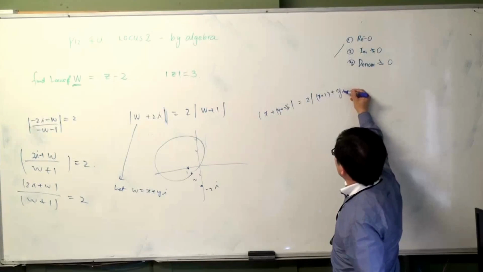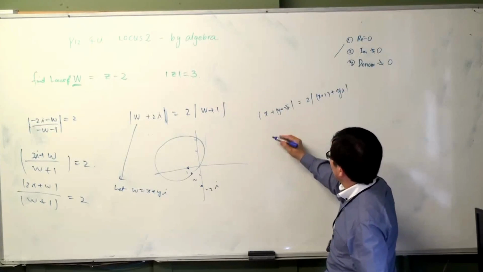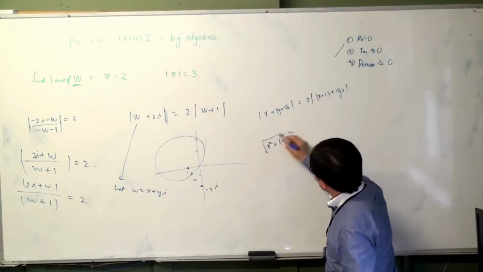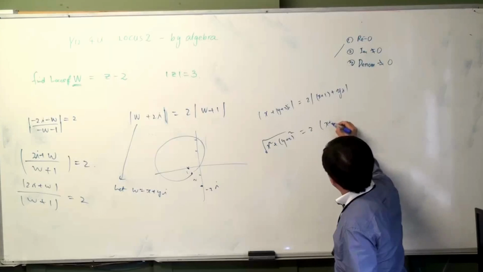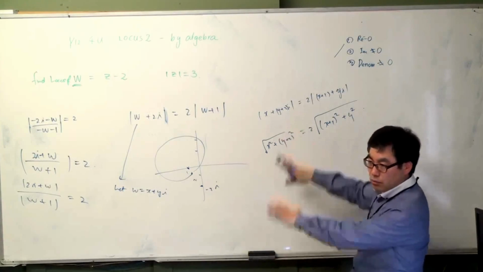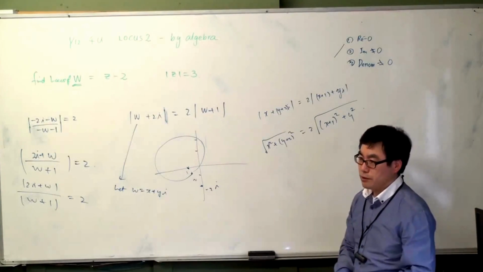Once you know it, you don't want to do these steps, you just jump straight to it. So the square root of x squared plus (y plus 2) squared is twice the square root of (x plus 1) squared plus y squared. That's it, isn't it? Remember those formulas.